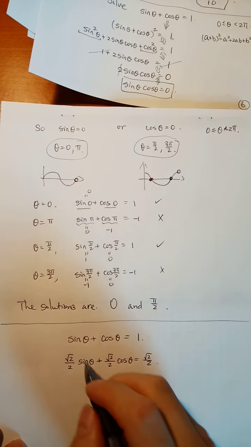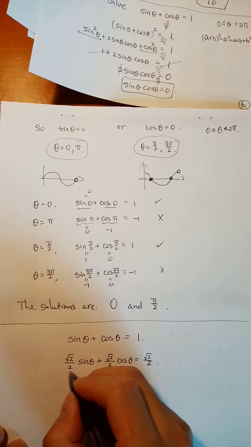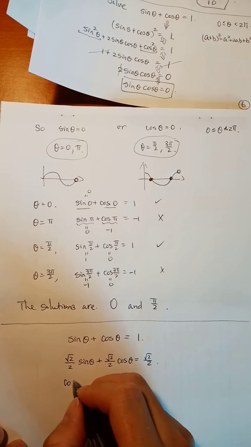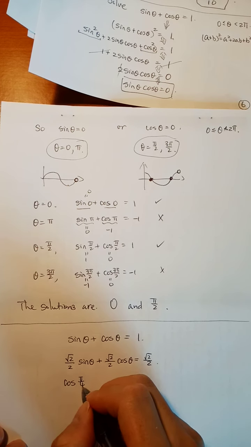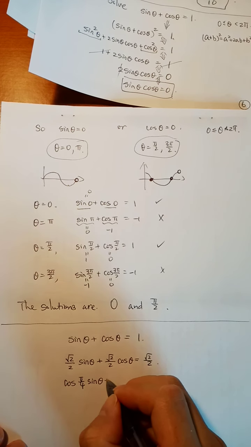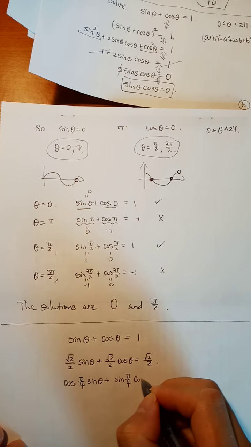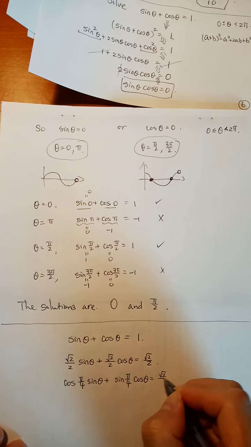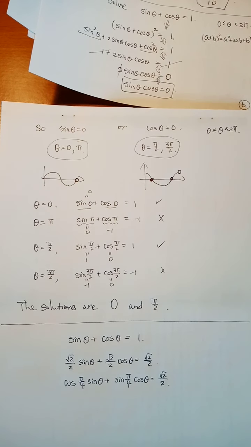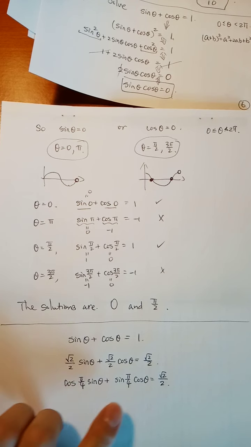And then we consider the first square root of 2 as a cosine pi over 4, and the second square root of 2 as a sine pi over 4. First is cosine, second is sine.